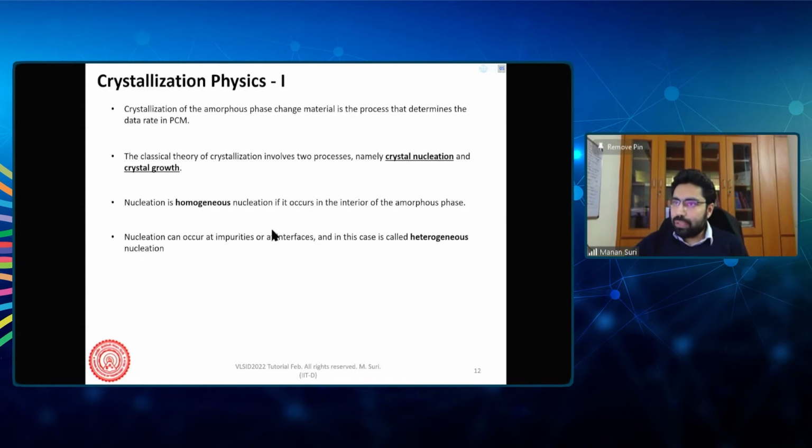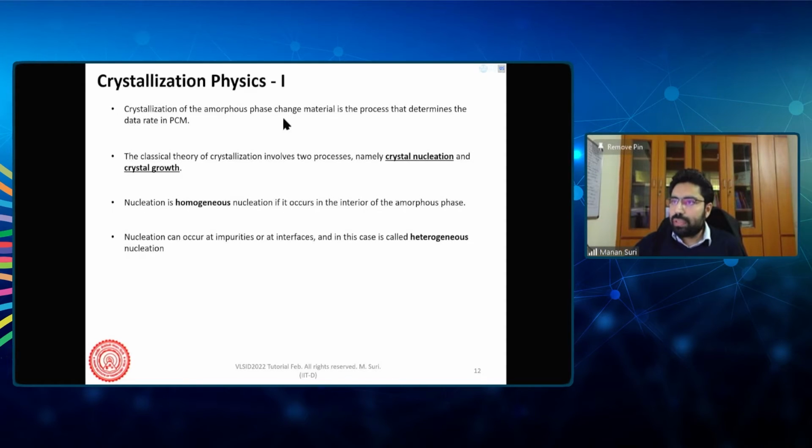So let's go further. Now, in terms of your storage, when you're storing 1 or 0, or transitioning between the two states of the device, the speed with which the material goes from amorphous to crystalline state or vice versa will determine how fast you can switch the device, or how fast you can encode or store data in it.